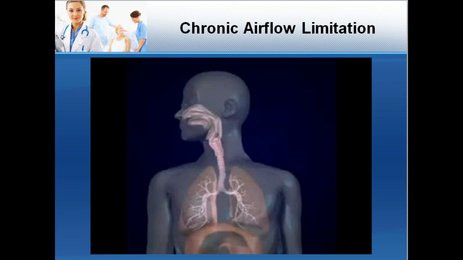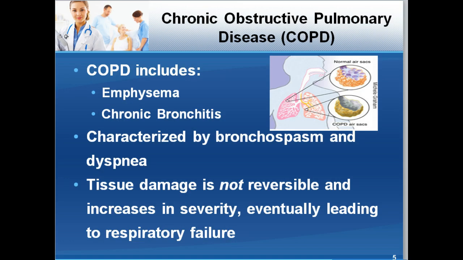Right here is a picture of somebody with that type of obstructive disease, as you can see where I'm pointing. Chronic obstructive pulmonary disease is the first one that falls into that. That's what we call COPD.